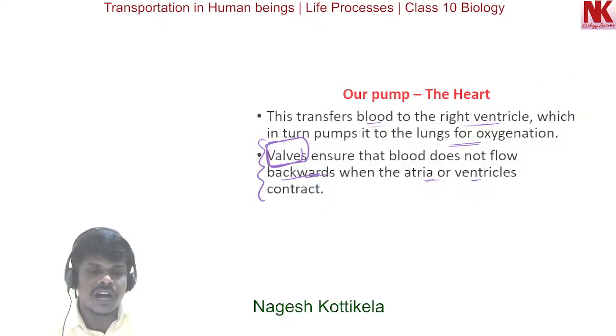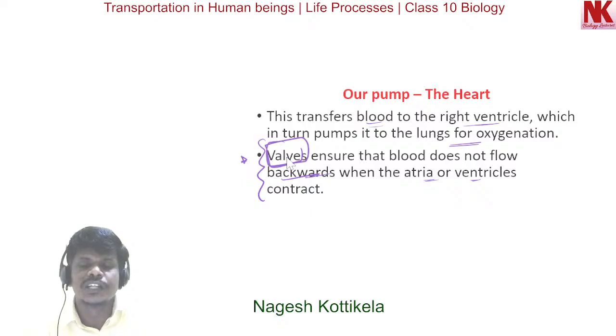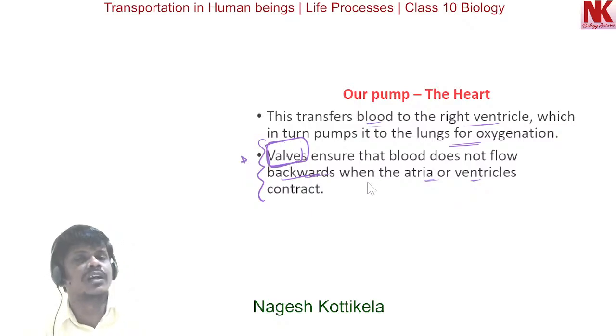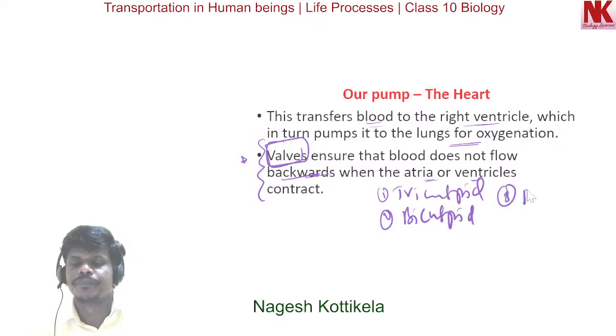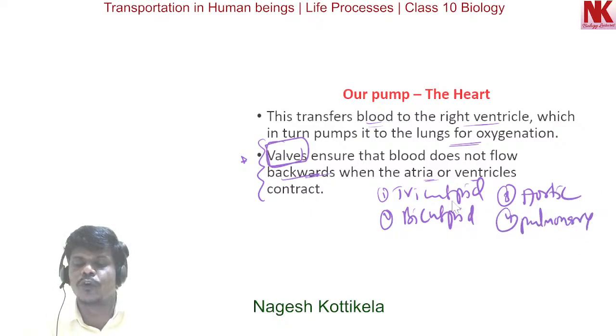Now, we discussed the valves. There are 4 different valves I just mentioned: 1, the tricuspid valve; 2, the bicuspid valve; 3, the aortic valve; and 4, the pulmonary valve. These four valves play a very important role.